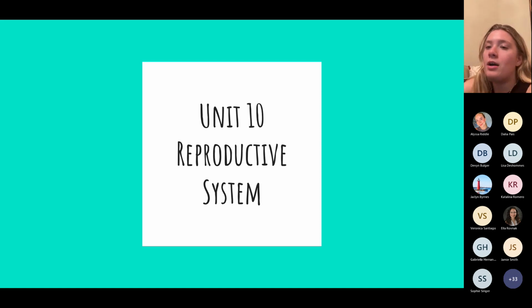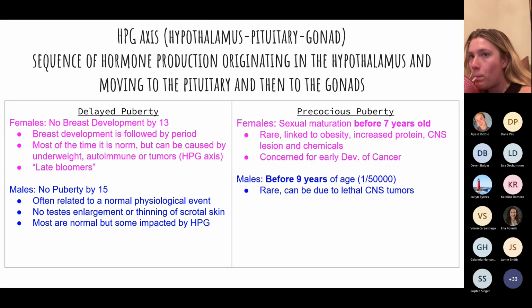Up next, we're going to talk about our reproductive system. When we talk about issues with puberty, we can classify them two ways, as precocious or delayed. Delayed means puberty is happening a little bit later than it should. Usually our delayed puberties are a bit more common and less severe.